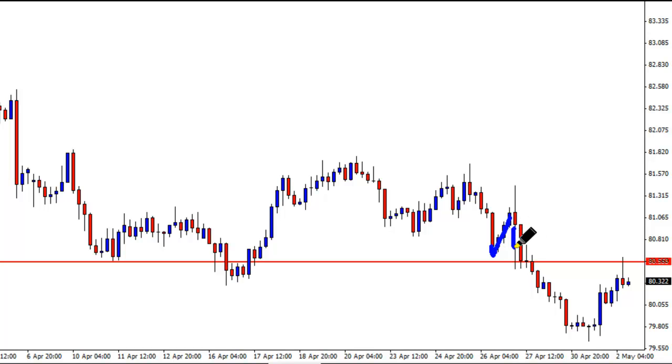The bottom of this candle tested these lows and rejected and went higher. So that's telling us that this level was still being held and respected. The next candle's wick went lower and went under this level, but once again it closed above this level, so it was still being respected. On the next candle, price tested but closed above this level, so this level was still holding.